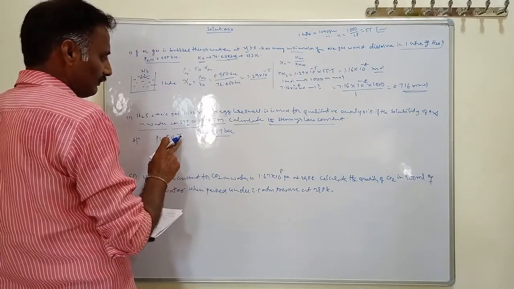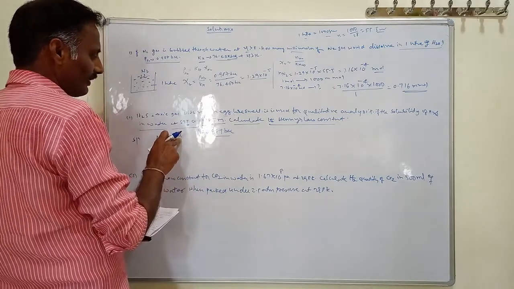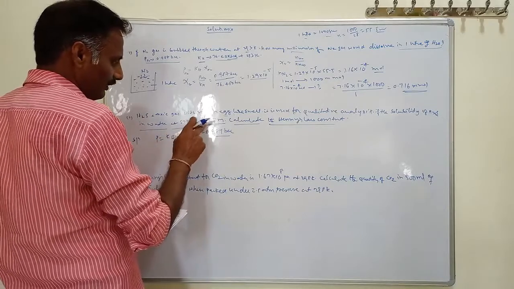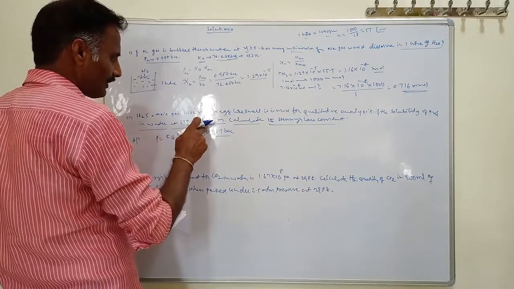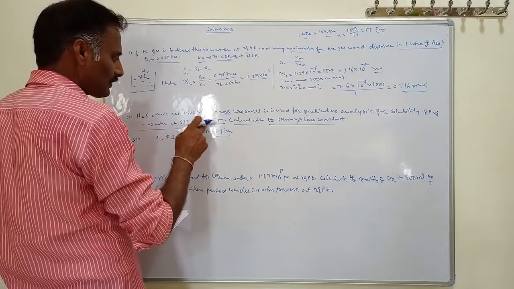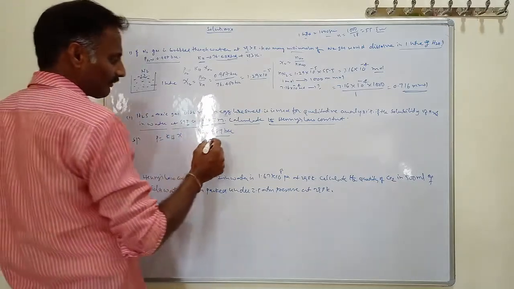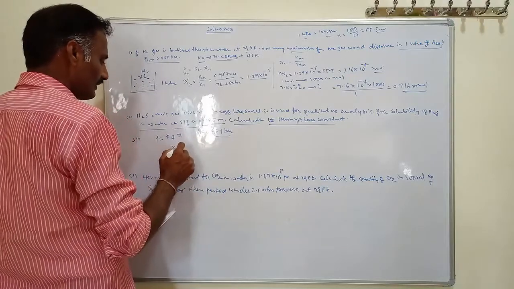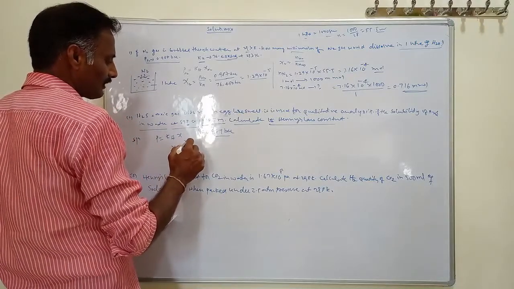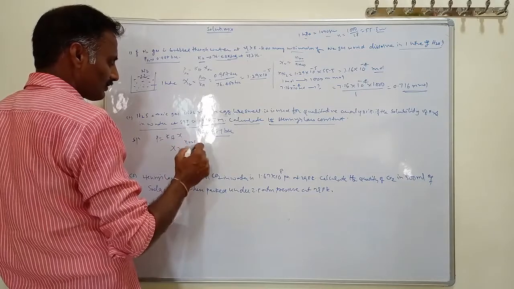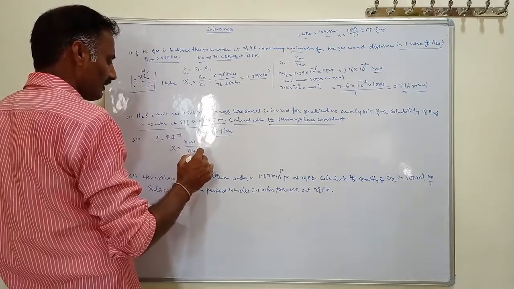Here the mole fraction X is not given; sorry, it is solubility, the number of moles of solute, that is given. Using the number of moles of solute, you calculate the mole fraction. First you find mole fraction. Mole fraction equals number of moles of H2S by number of moles of water.